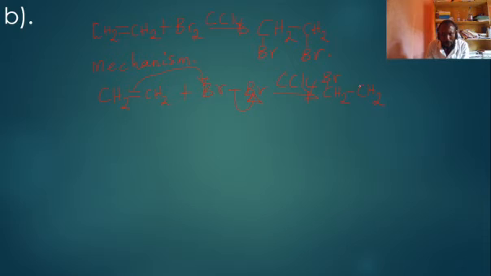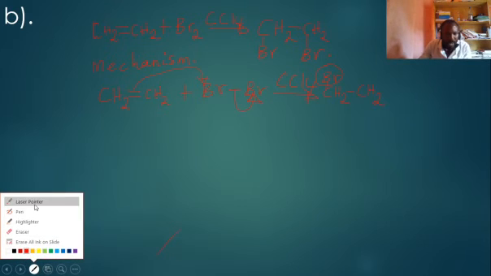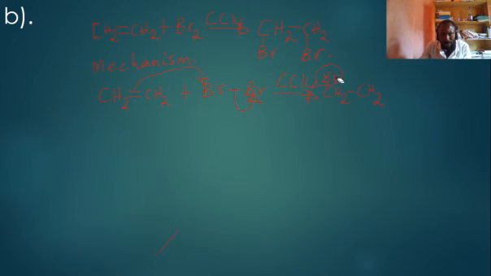We expected a bond to be established between this carbon and this bromine as we saw above, but this isn't going to be the case. Now you take note. Let me show you exactly what happens.